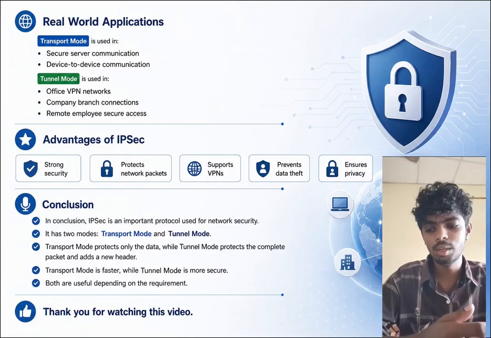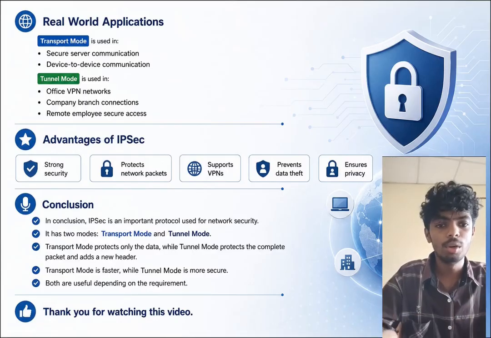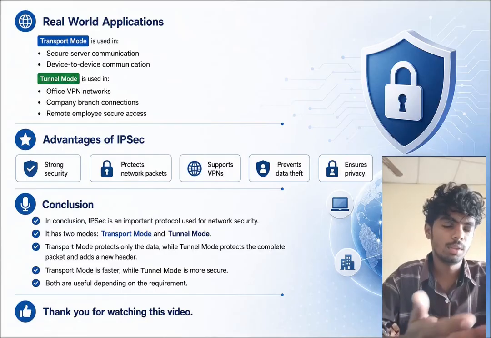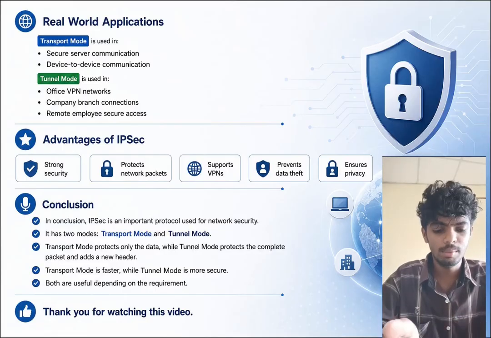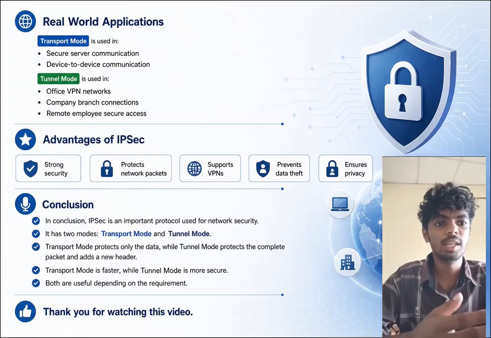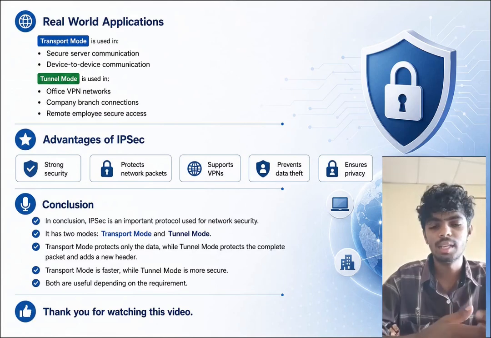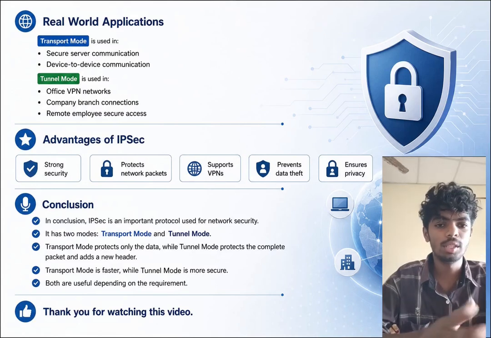We can browse the internet using VPN because it helps us protect our IP address. It helps prevent data theft and cyber attacks. It also ensures privacy and confidentiality, so only authorized users can access the data, not anyone else.